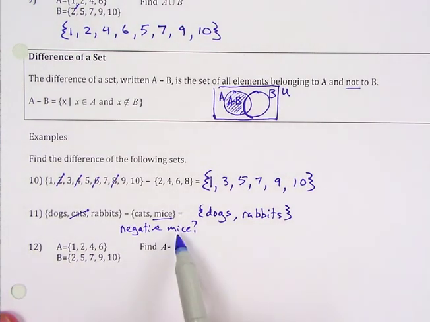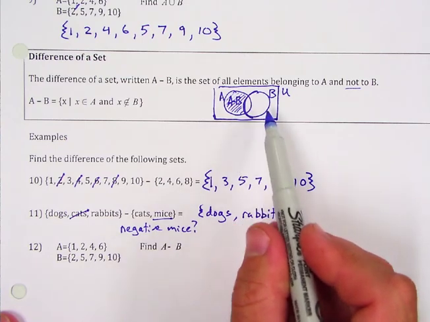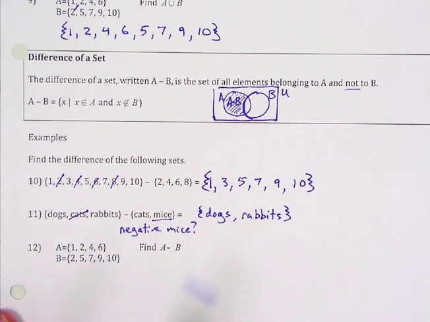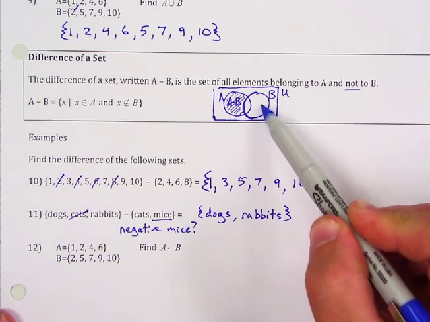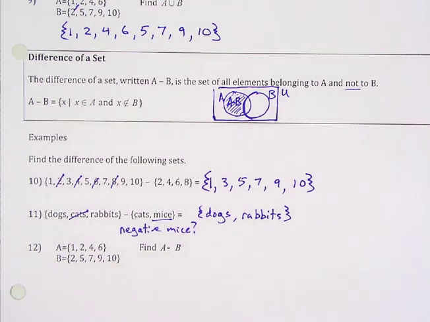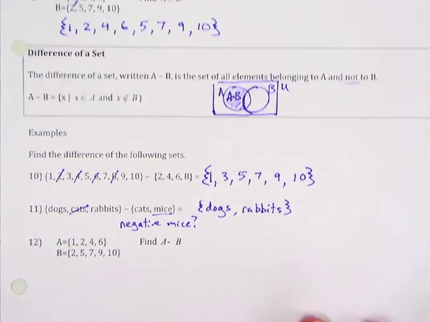So where would the mice go in that Venn diagram? Okay, so it was in our set B, but it was not in our set A. So the mice would have gone right here. All right, so example 12, you can try this one on your own and check back.